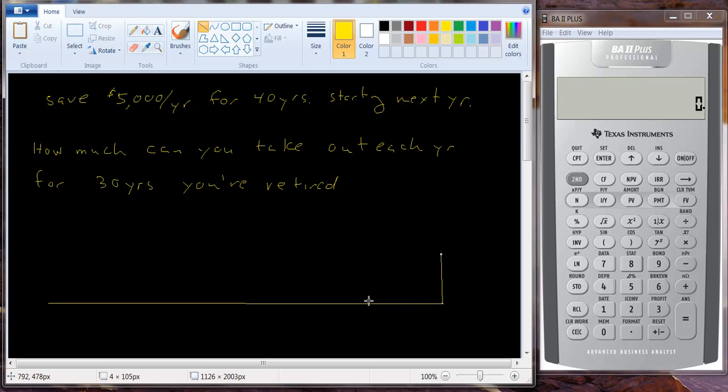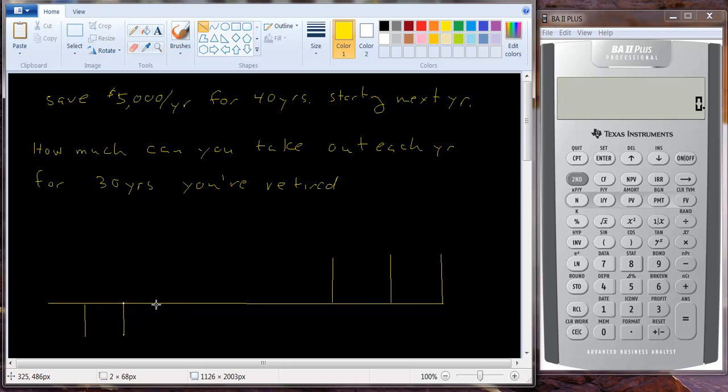So let me draw in a few arrows here. These arrows that point up are going to be the money you'll be taking out. And down here we're going to have some arrows for the money that you're putting in.